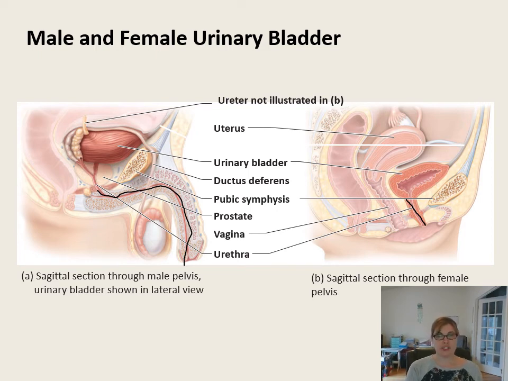And so it's much easier for bacteria to work their way up the urethra in a female and enter into the bladder, versus a male's bladder, where it's going to be a lot harder for bacteria to get up there. So men almost never get bladder infections or urinary tract infections in general. Women are lucky enough to have that.